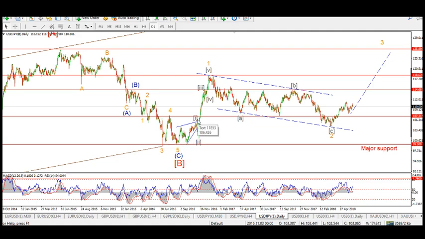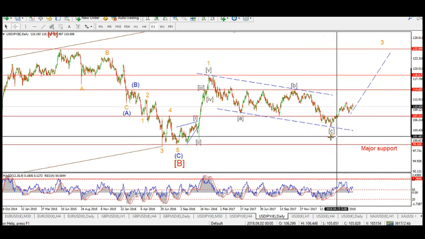That was a leading diagonal wave 1, wave 2, nice impulsive acceleration in wave 3, triangle wave 4, and then a 5-wave internal pattern in wave 5 brackets there. So that completes 5 waves up in wave 1.